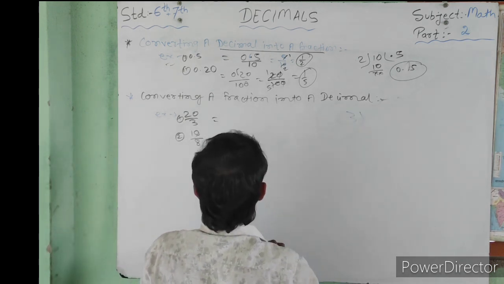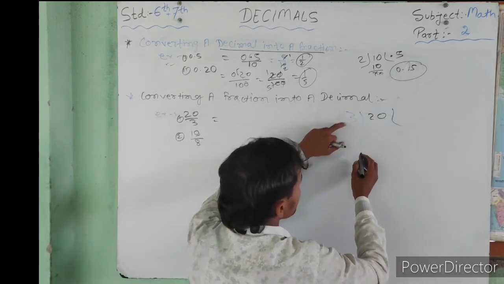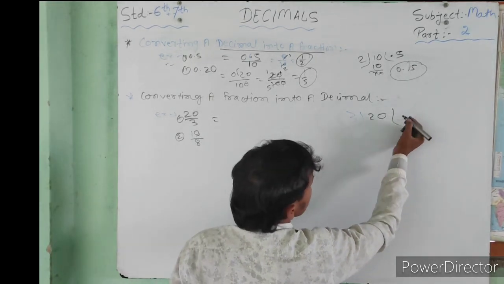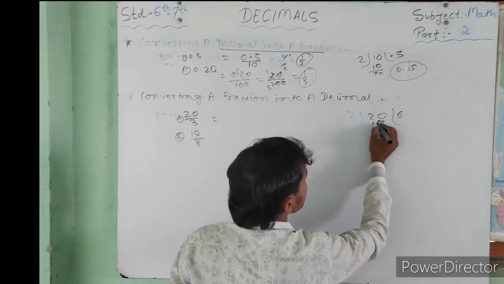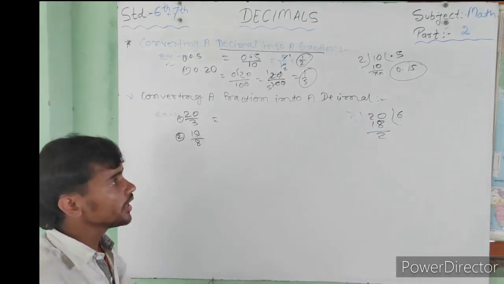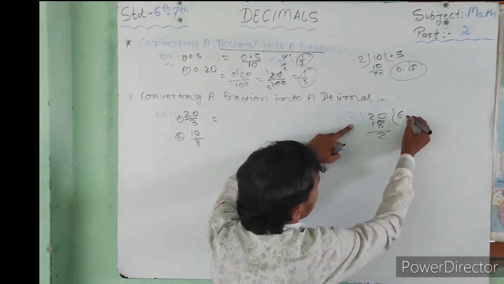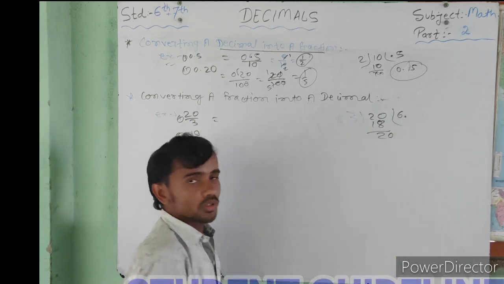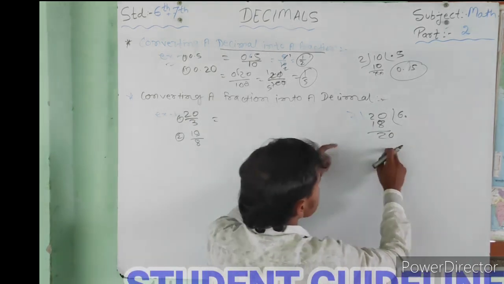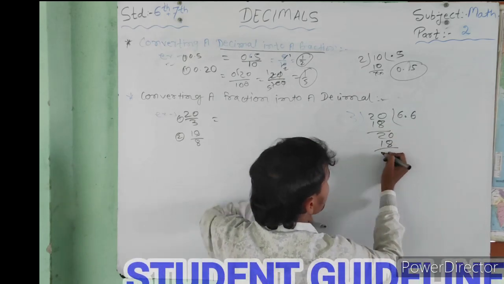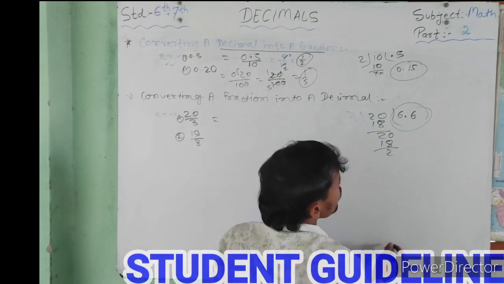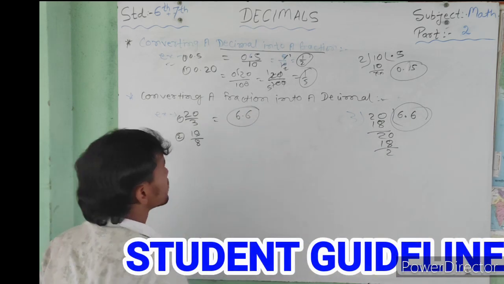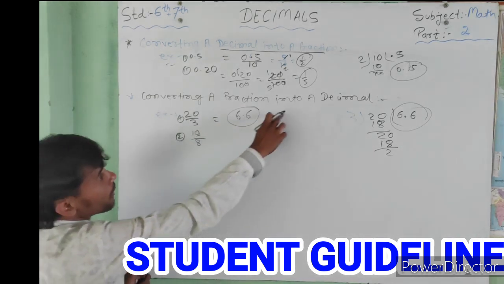Just like here, 20 by 3. 3 sixes are 18, and 3 sevens are 21. 3 sixes are 18, remainder 2. Next, when you put the point, write 0 here. 6 threes are 18. Again 6 comes here. It means your answer is 6.6, in decimal form.